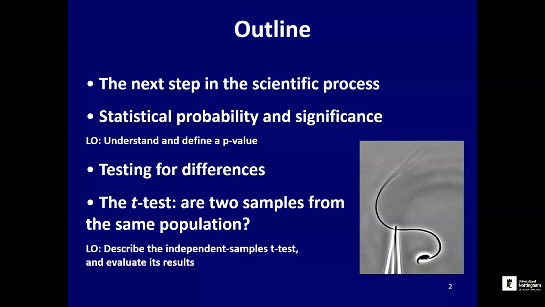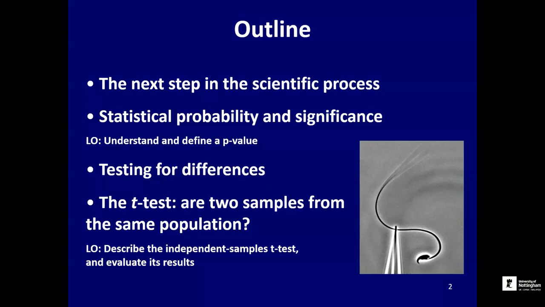We're now ready in this scientific process to try to make inferences from the data. And that will involve us talking about statistical probability and the idea of statistical significance. That's a big job for today, and a major learning outcome for the course is that you understand and are able to define a p-value.